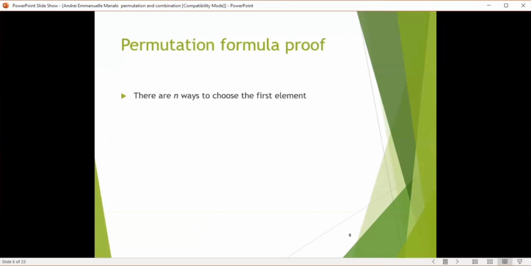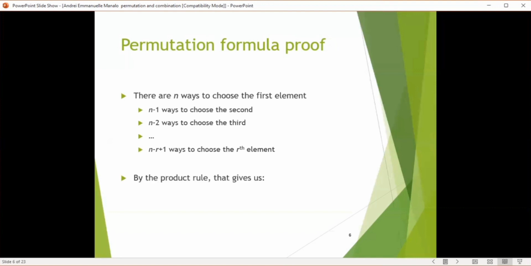Permutation formula proof. There are n ways to choose the first element, n minus 1 ways to choose the second, n minus 2 ways to choose the third, and so on, n minus r plus 1 ways to choose the r-th element.